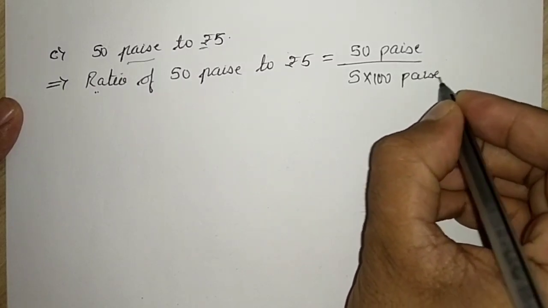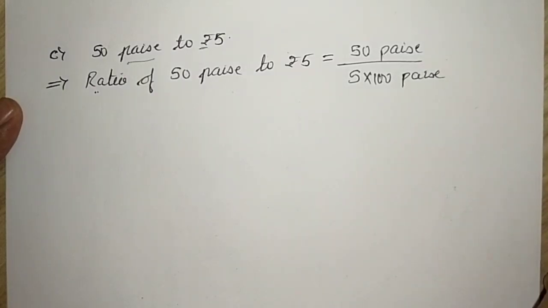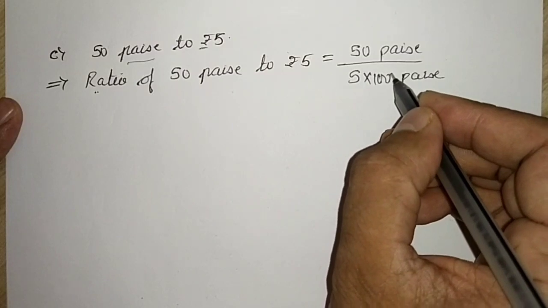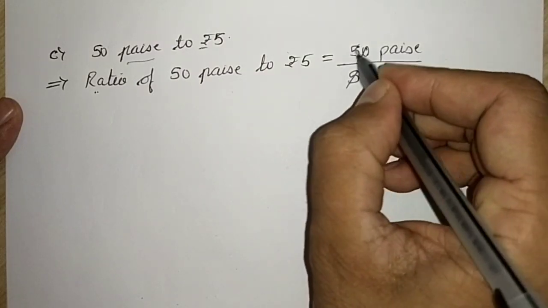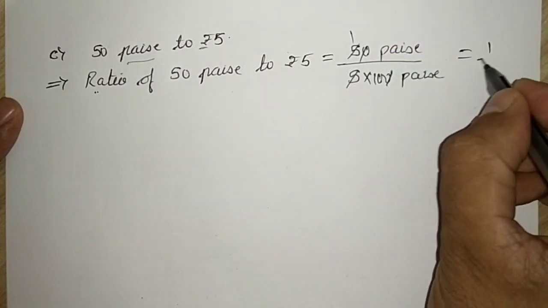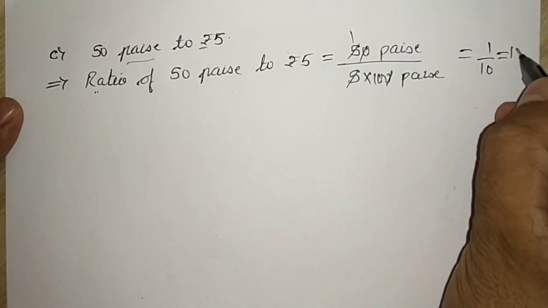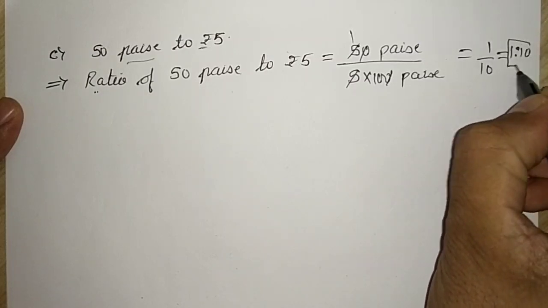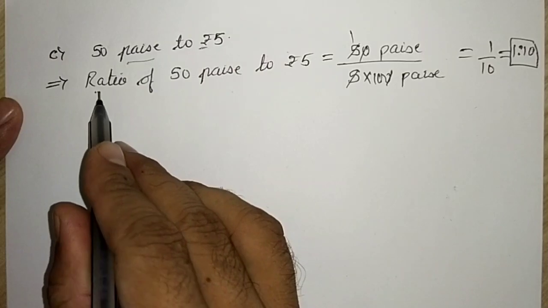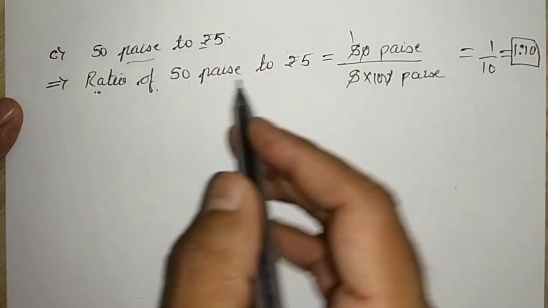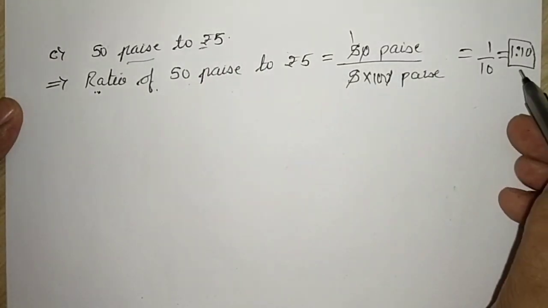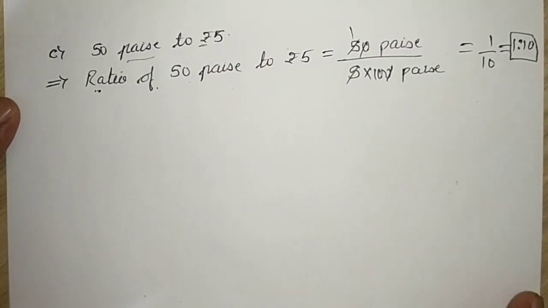So 5 rupees will be 5 into 100. 0 will cancel out. 5 ones are 5. So it is 1 divided by 10, which can be written as 1:10. So finally we will write, therefore the ratio of 50 paise to rupees 5 is 1:10.